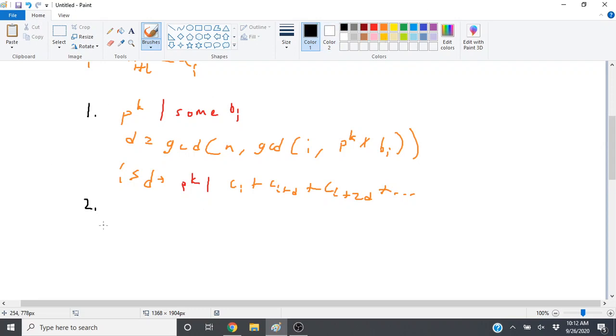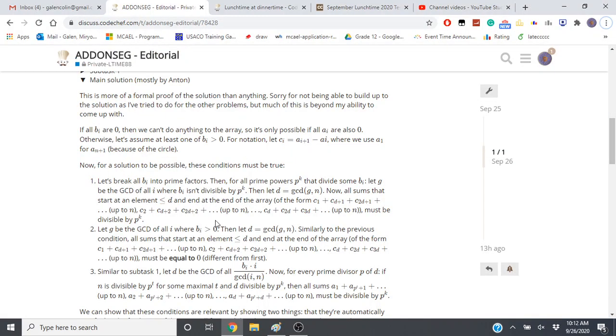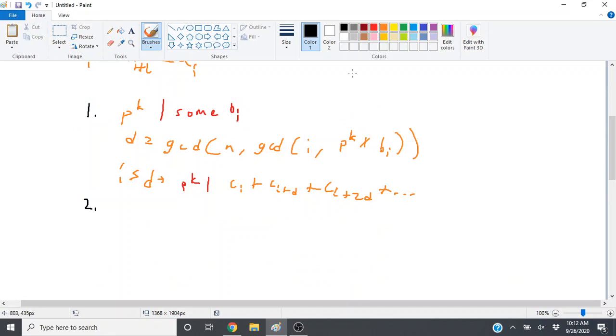Second condition is very similar to the previous condition, except now let d equal the GCD of n and the GCD of all i.